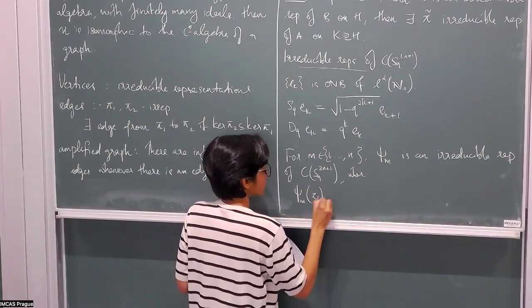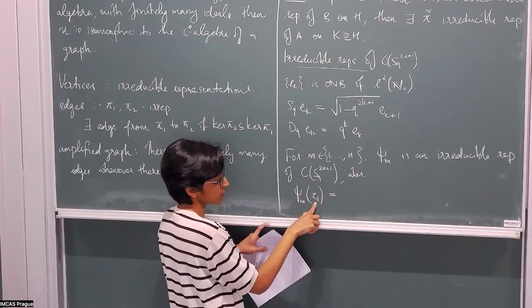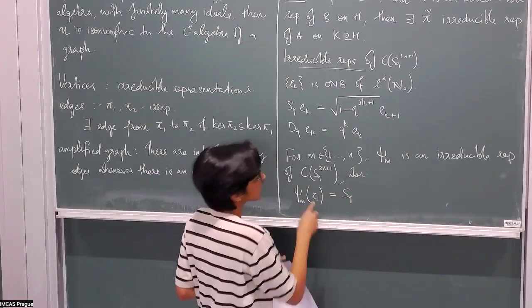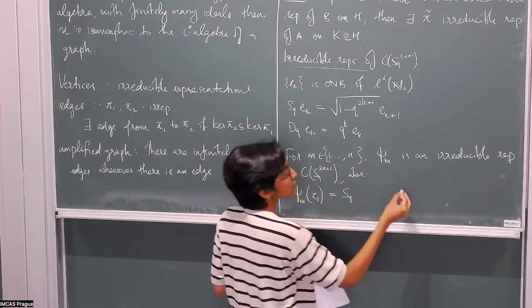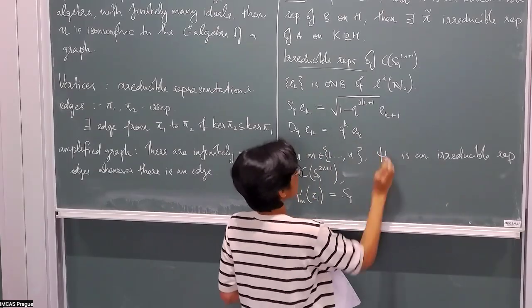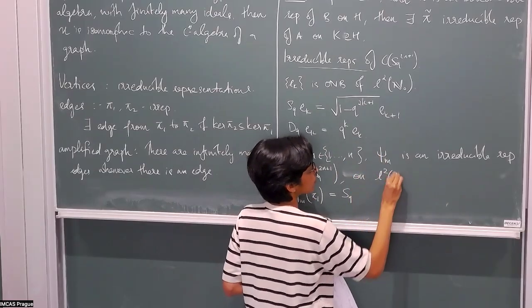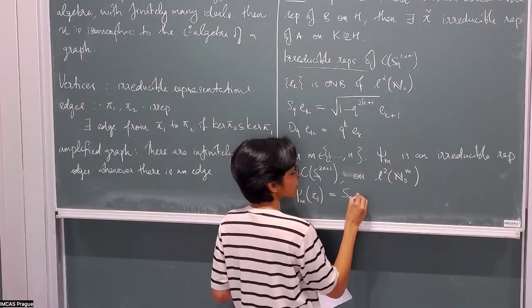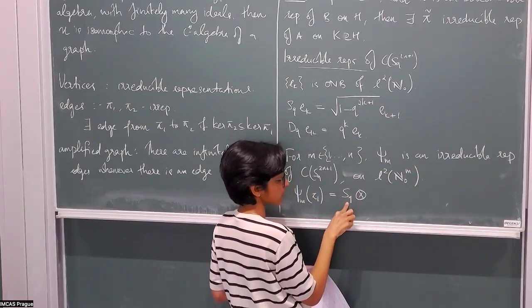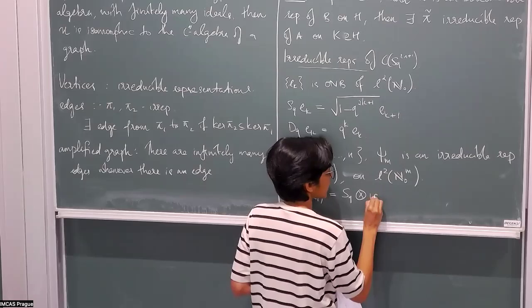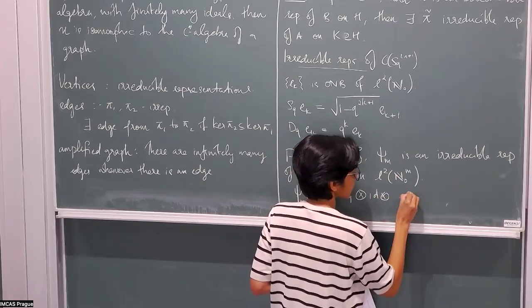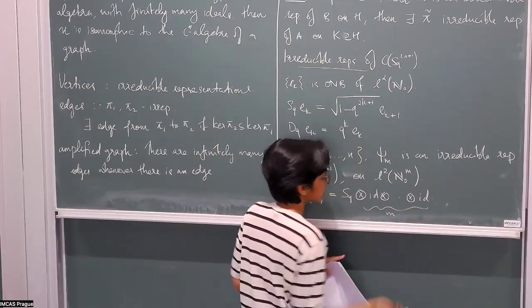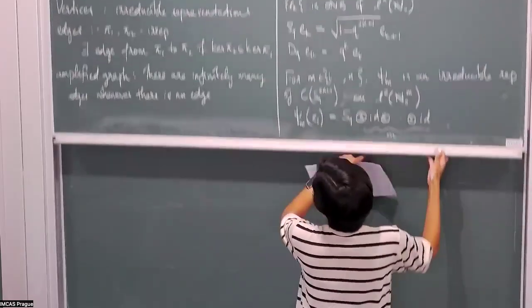If I take the first of the generators, Z1, then this is going to be on L2 of N naught to the n. And what is this going to do? This is just the weighted shift in the first component and the identity on the rest. And I have m many here.